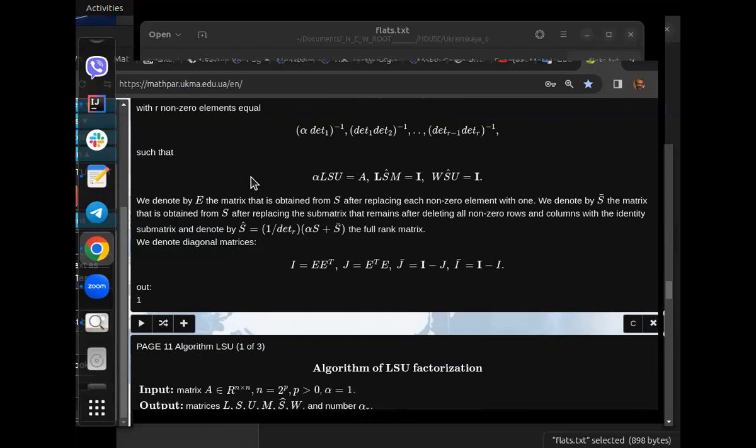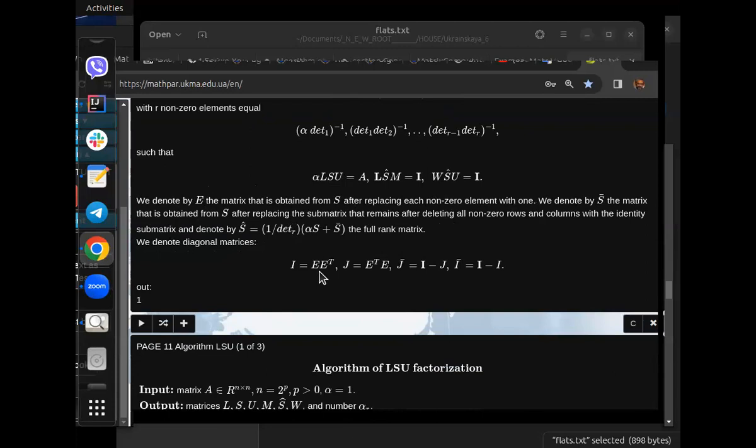And we need additional notations. We need to obtain matrix E, when in the matrix A we replace each non-zero element with 1. Matrix E is like a matrix of permutations, just with elements 1.